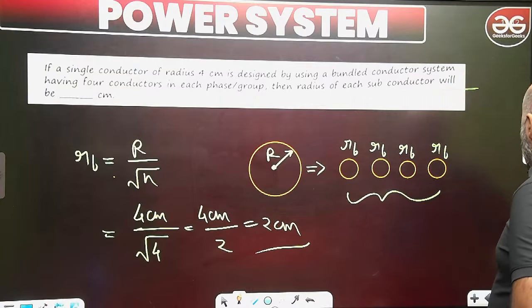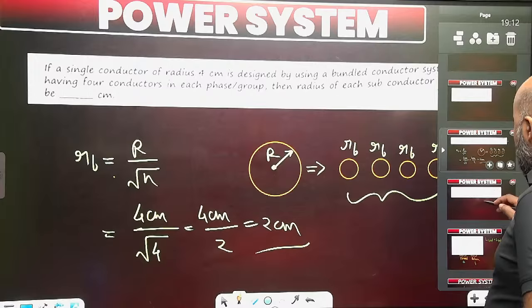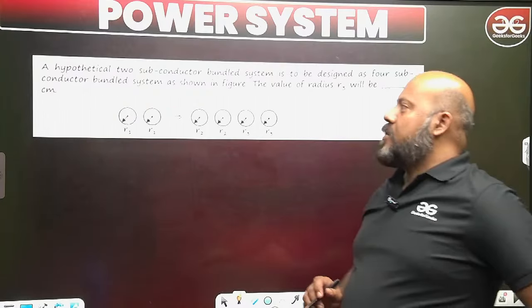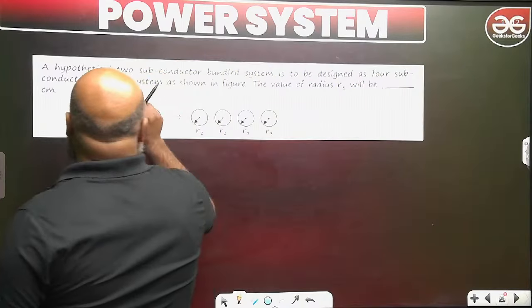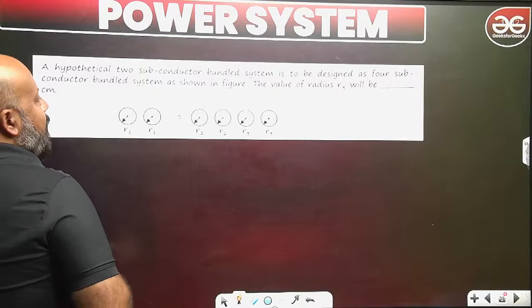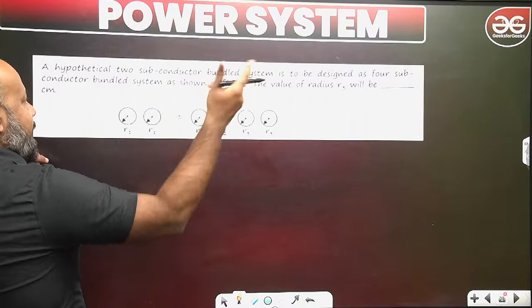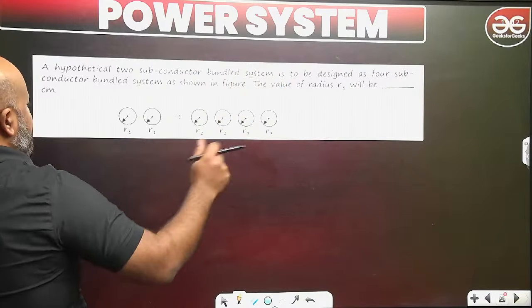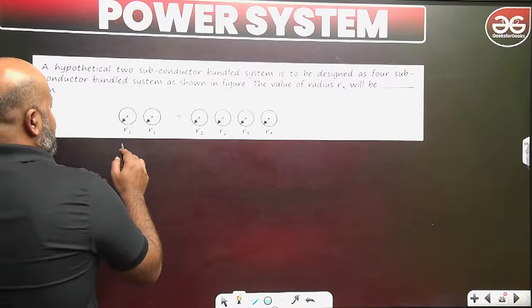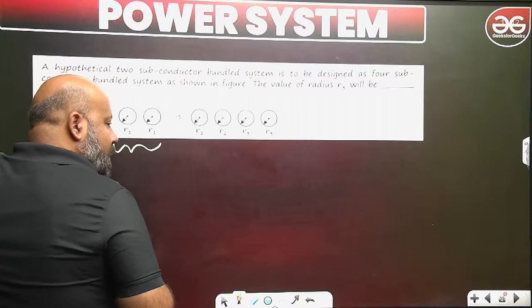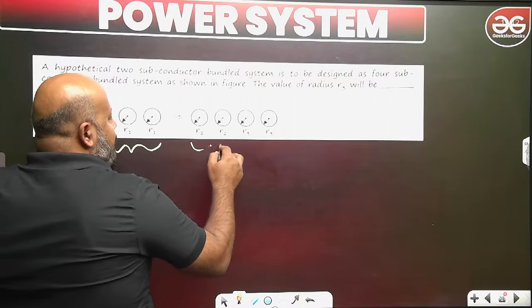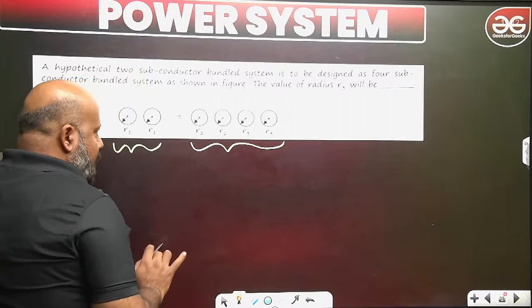Another question for bundled conductors. This time I think they may be asking you one question from this area. So there is a hypothetical 2 subconductors bundled system which is again redesigned as 4 subconductors. If you see, this is one bundled conductor, it is redesigned in terms of 4 subconductors.